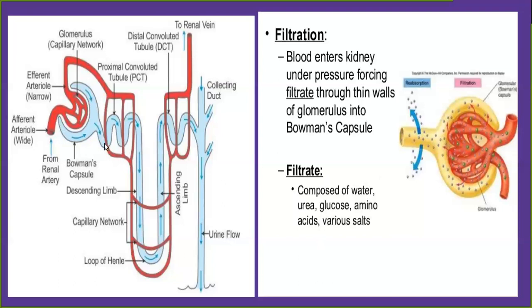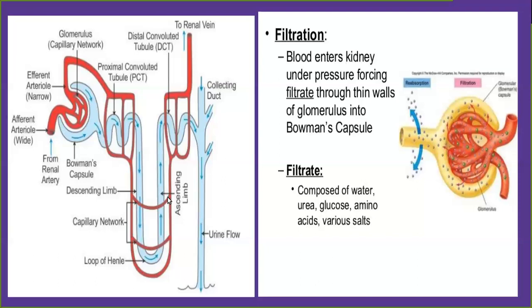So when this filtrate moves through this tubule, especially the loop of Henle, there is selective reabsorption of useful substances into the capillaries. Glucose, amino acids, salt, and excess amount of water, etc. are reabsorbed into the capillaries surrounding this tubule.